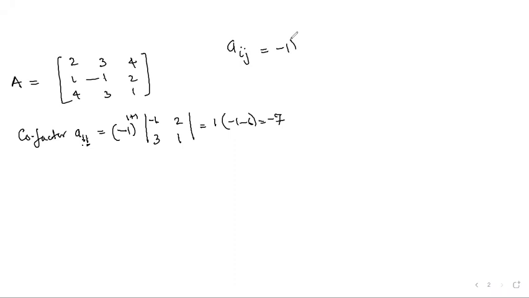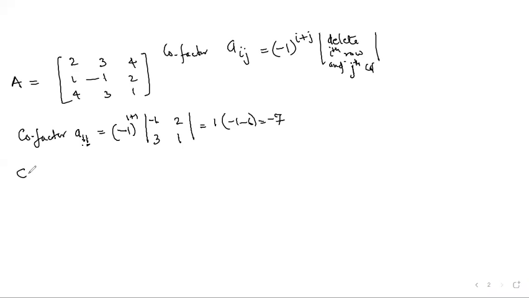Just make a note. Cofactor of Aij is minus 1 raised to i plus j, then the determinant obtained by deleting the ith row and jth column. Okay, this is how you calculate cofactor. I'm so happy that you remember it, although I just taught you recently only.